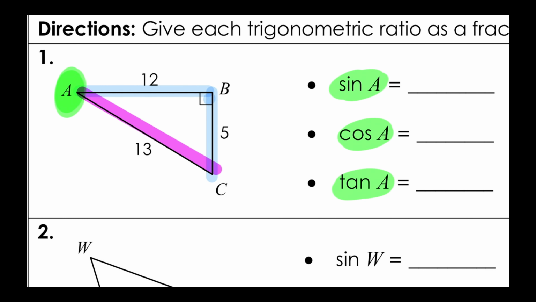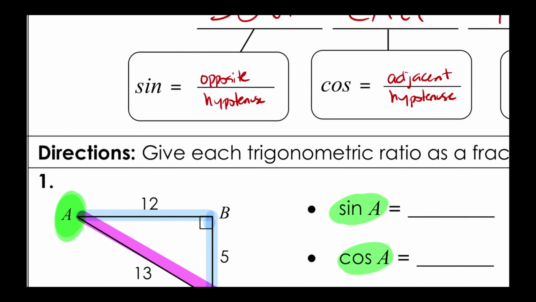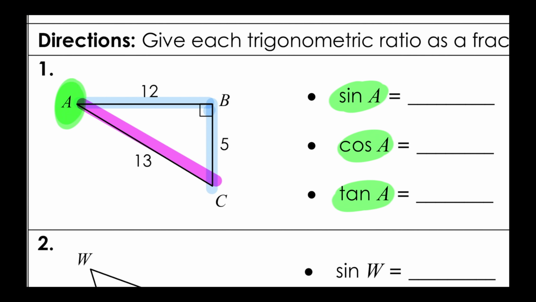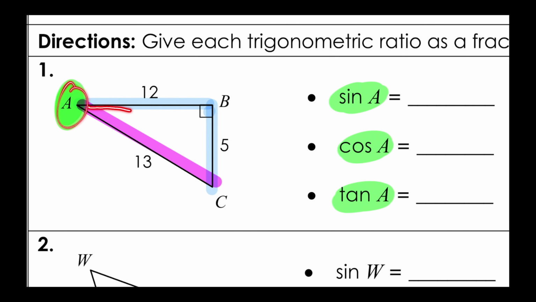So if we're at angle A, what's the sine of angle A? So that means if I'm here at A, sine is what? Sine is, let's go back. Sine is opposite over hypotenuse. So if I'm here at angle A, what's the opposite leg? What's the length of the opposite leg to that angle?